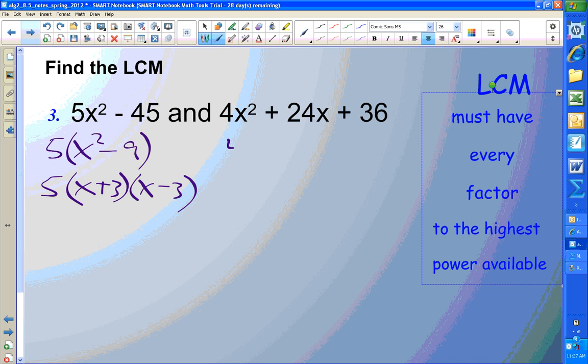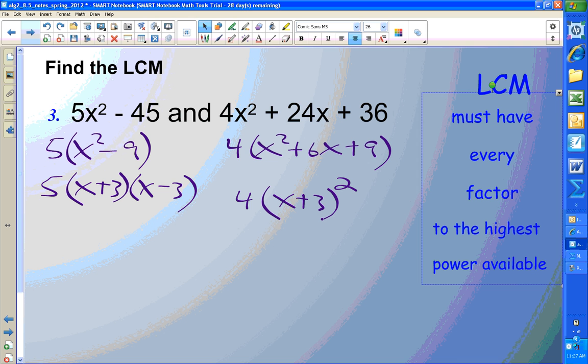If we factor out a 4, we're left with x squared plus 6x plus 9, which factors to (x plus 3) squared. We don't want to write it as "or" here; we want to write it as a binomial square.